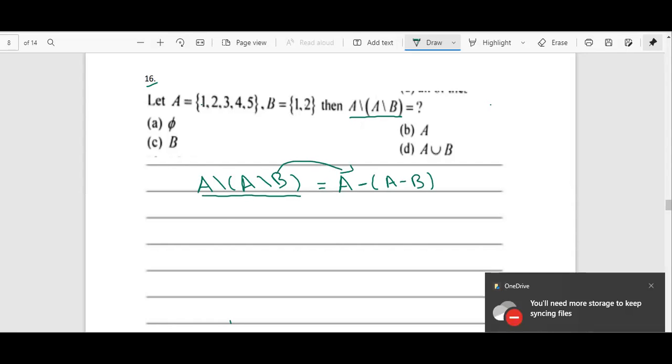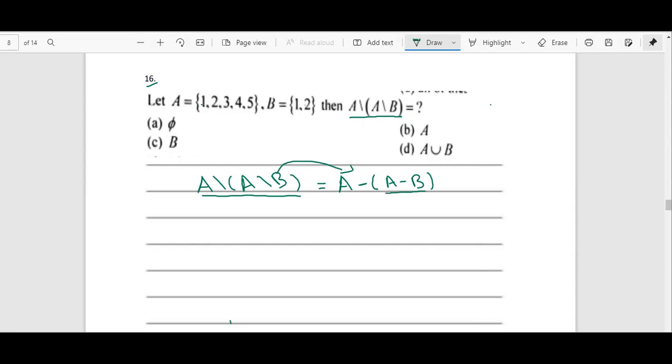Now let's just break it down. Now let's just talk about A minus B. If I talk about A minus B, in this set, I am going to have all the elements of A, excluding the elements which I have in common in A and B, right? So B has 1, 2, A has 1, 2, 3, 4, 5. 1 and 2 is common.